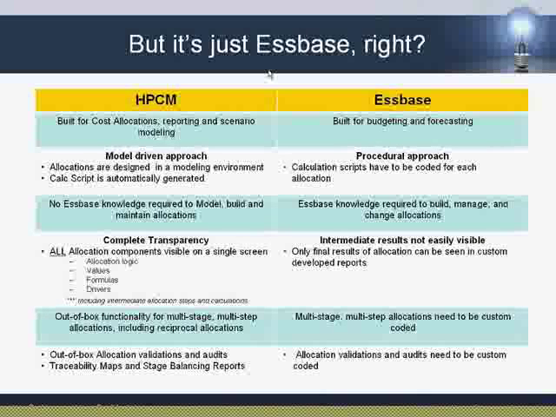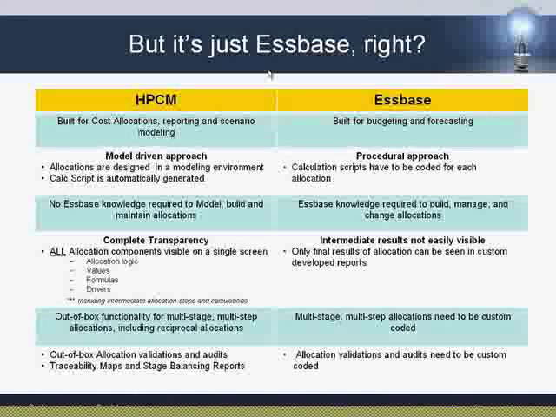So from a reporting standpoint, we talk a little bit about transparency, we talk about validations, we talk about traceability, the logic itself. So from a reporting standpoint, on the Essbase side, the final results of an allocation basically can be seen in reports that are developed, but it's very, very hard to kind of move backwards and then move forward in the allocation.